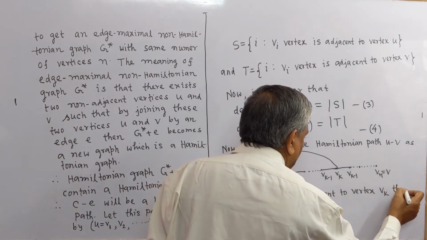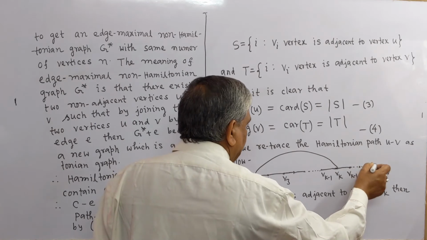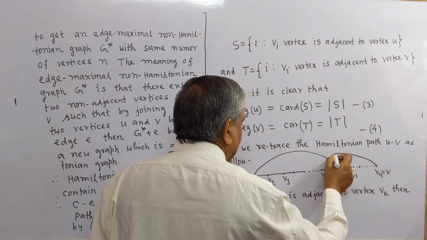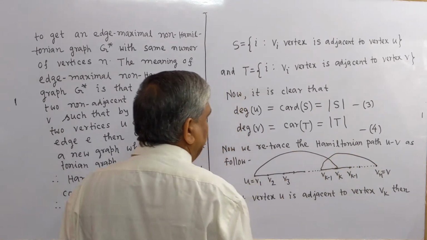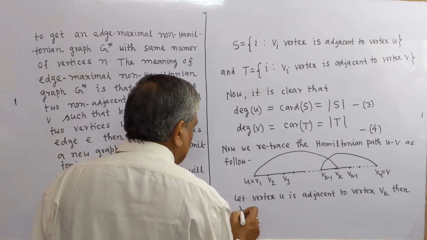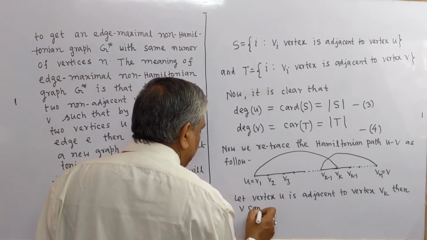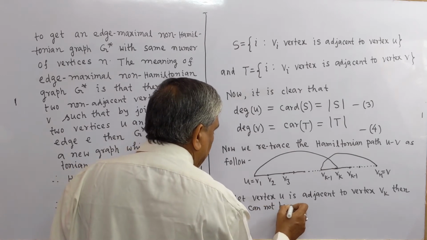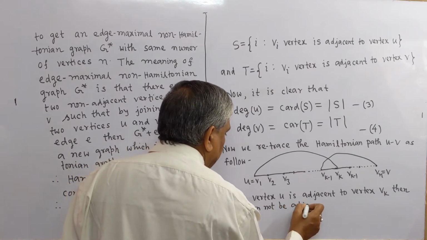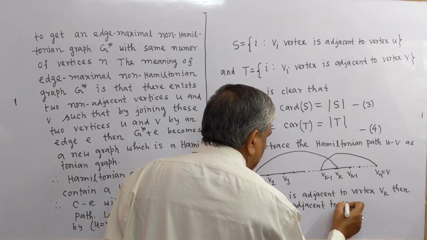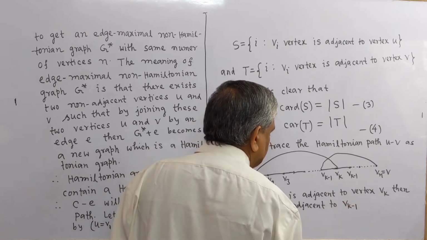Then V cannot be adjacent to Vk minus 1.